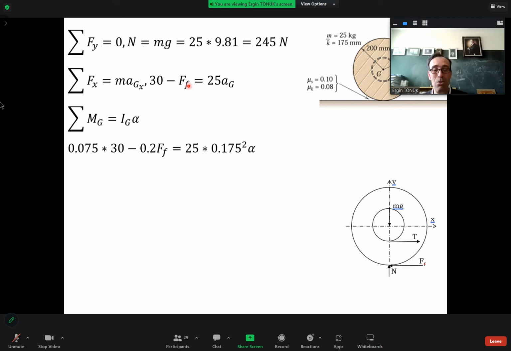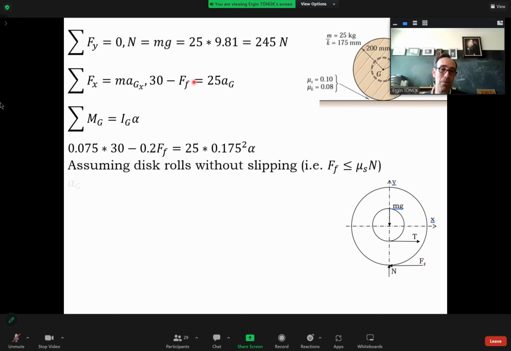Well, I will assume I won't expect slipping. So the friction force is another unknown, and I will check if it's less than mu s times N or at most equal. But if it's rolling without slipping, I have a kinematic constraint.